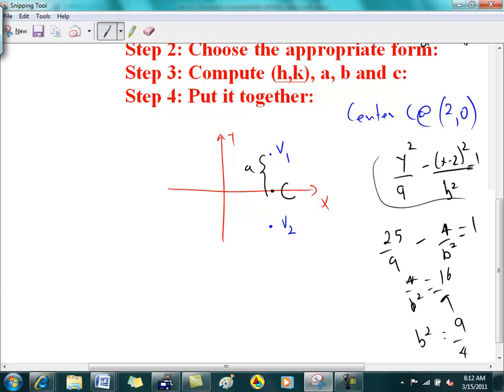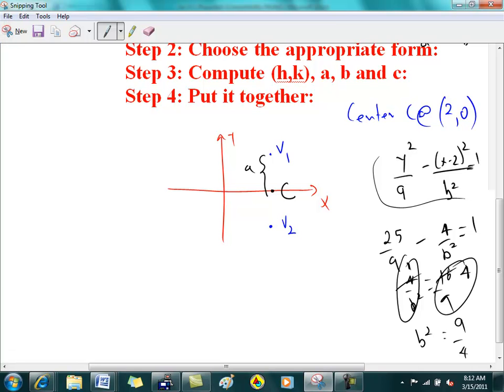First I cancel this 4 here. Either cross multiply, or since this is a 1, if you flip the left hand side, you flip the right hand side as well. If you flip this side, you get b squared. If you flip this side, you get 9 over 4. Is everybody okay on that?